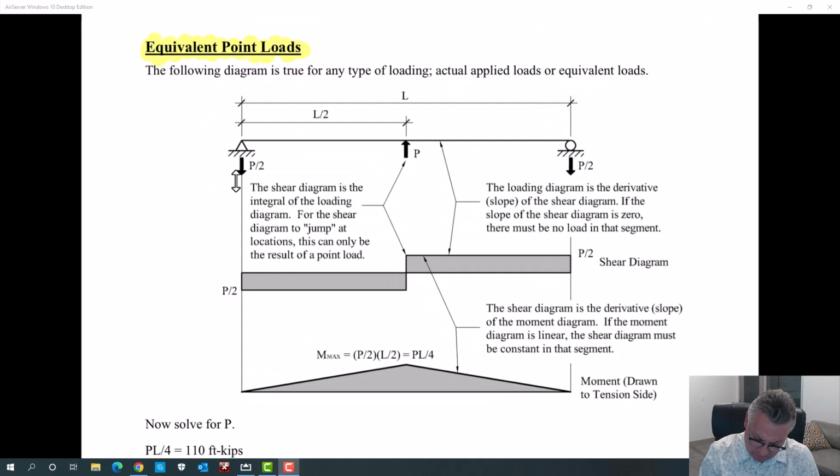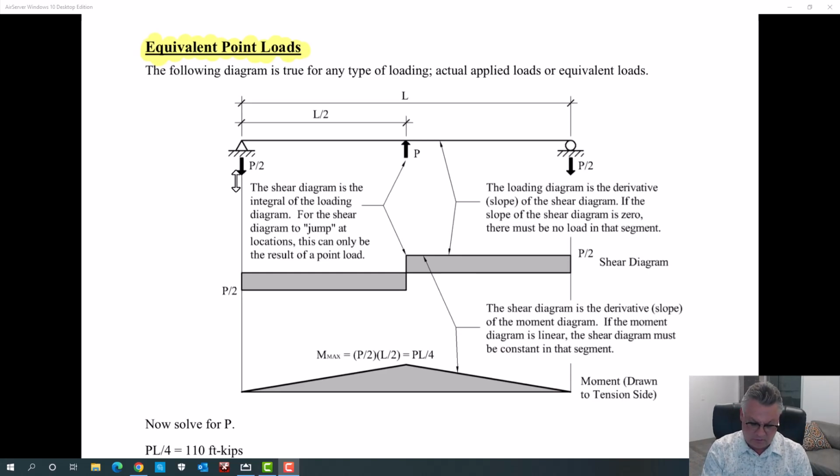I'm starting and working backwards from the moment diagram that we all agreed that we had, the force times the eccentricity, to create a linear moment diagram. Calculus actually says that the moment diagram is the integral of the shear diagram.